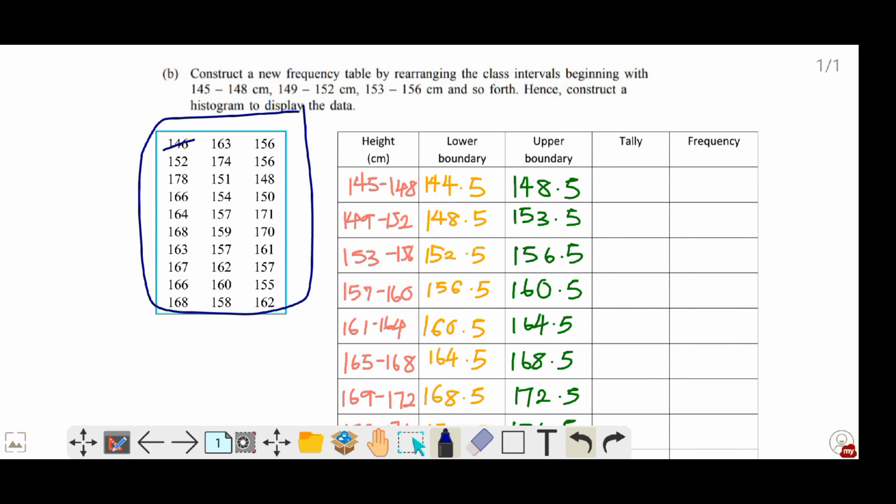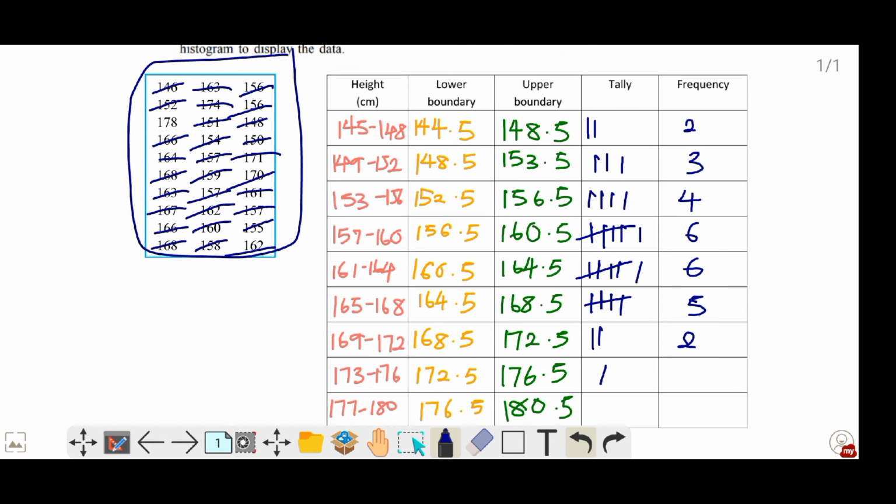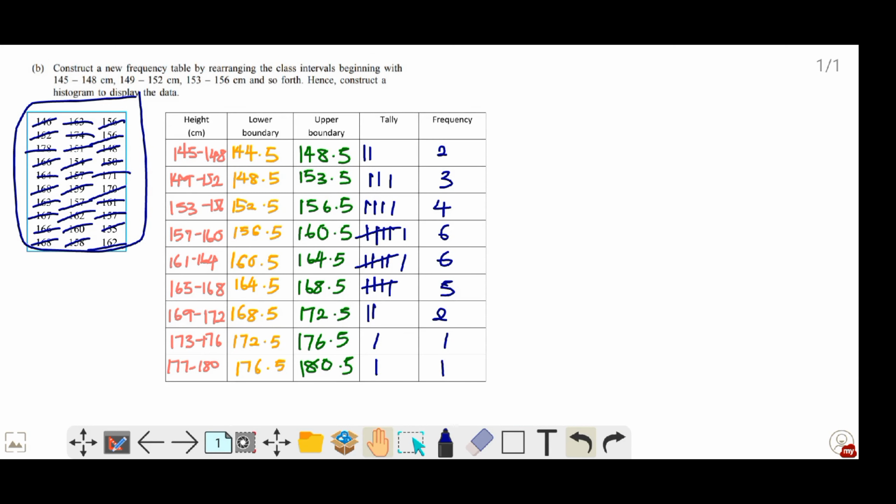So for height between 145 to 148, the frequency is actually 2, and for the tally column, we just draw 2 sticks on it. And that's how you determine the tally and the frequency for other classes too. So this is the final look of the table, and if you construct a histogram, this is what it will look like.